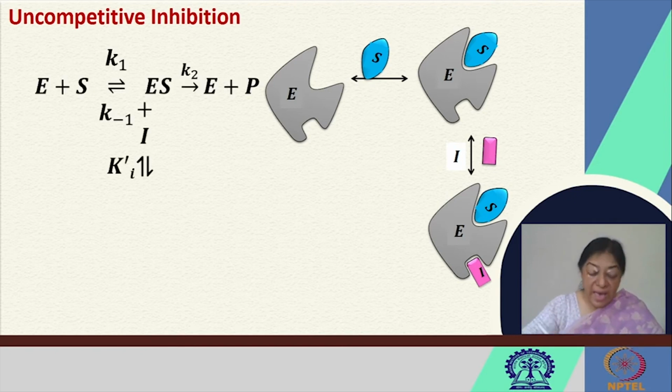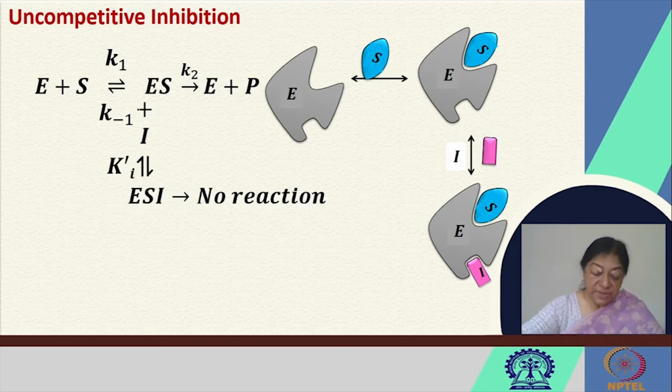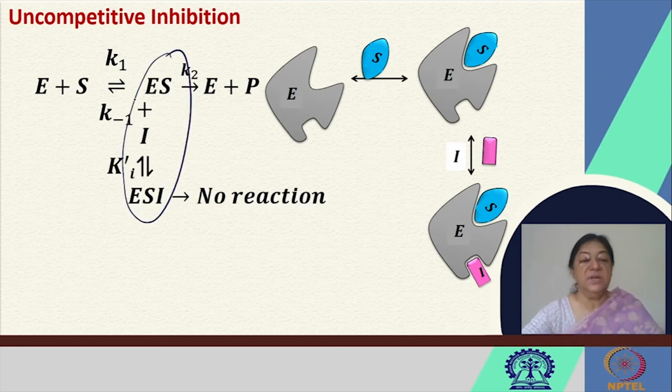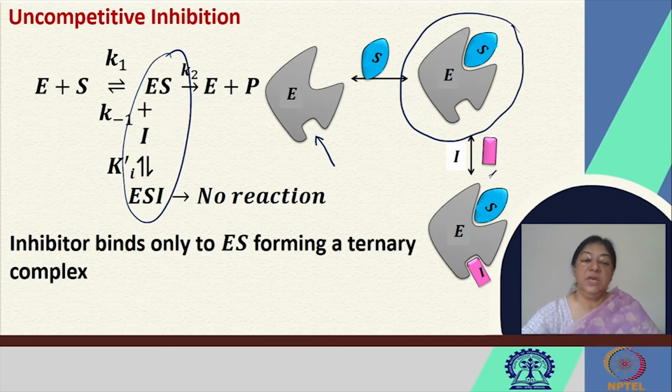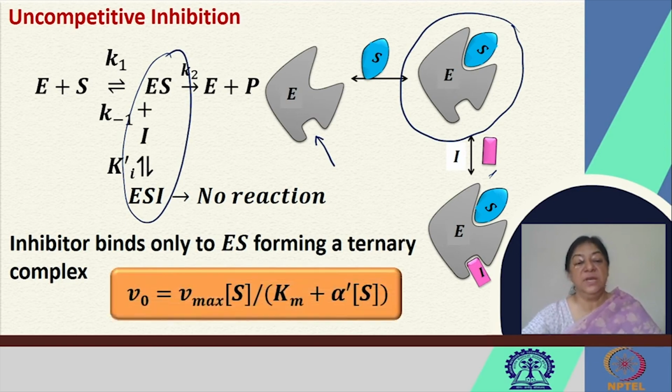So in this case we have a specific condition where we have the ternary complex, the ESI formation, but the inhibitor does not bind to the enzyme alone. Only after the enzyme substrate complex is formed does the inhibitor bind to it to form the ternary complex. So the inhibitor binds to ES, forming this ternary complex.